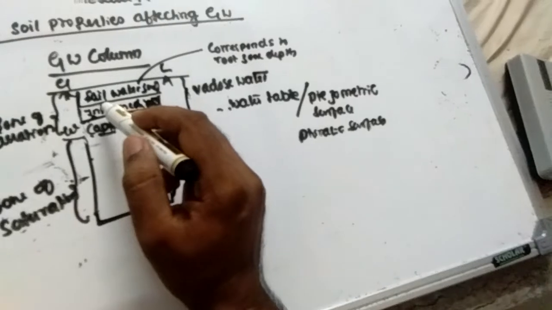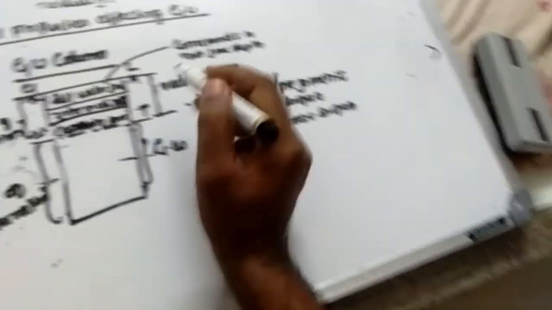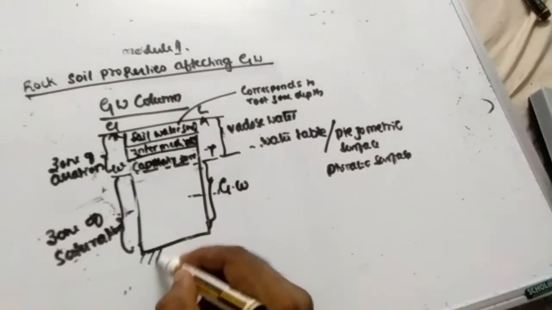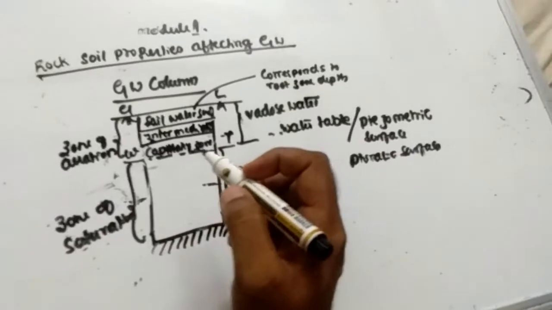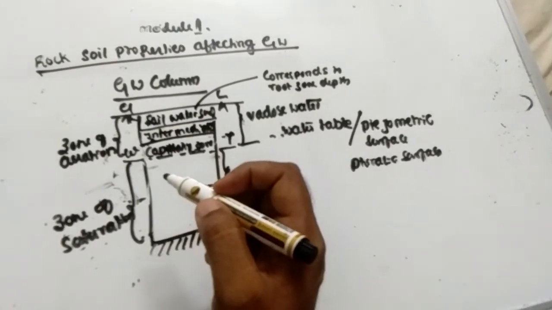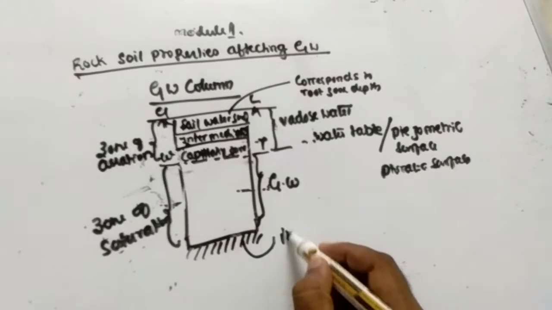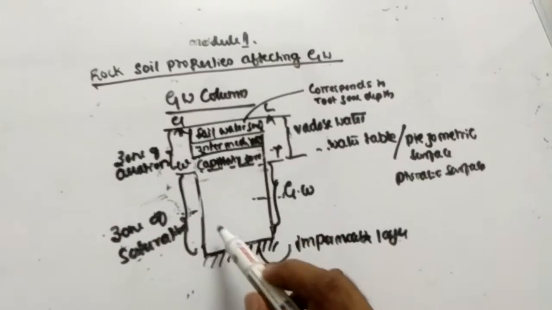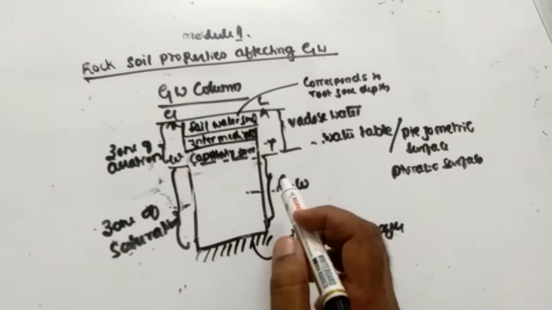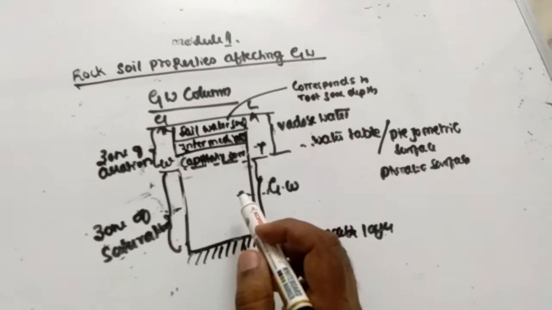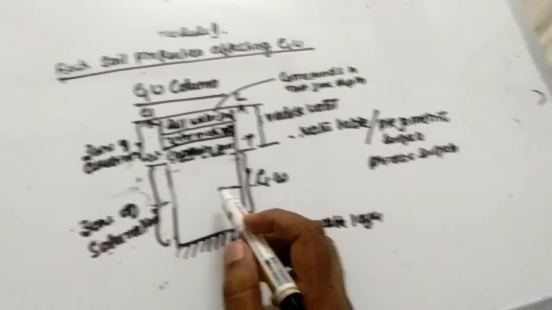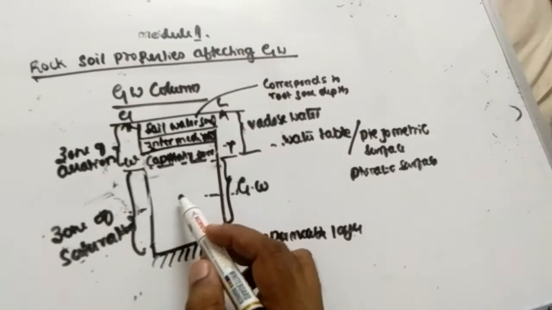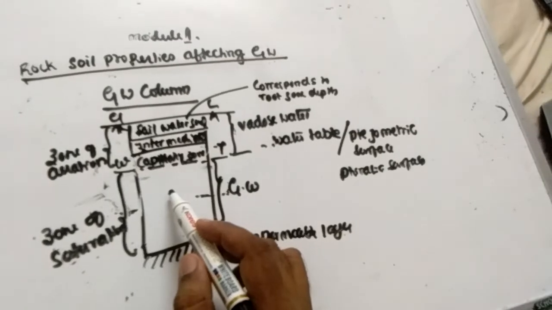And here is the zone of saturation. At the bottom of this zone of saturation we have an impermeable layer, and the zone of saturation may contain a few impermeable or semi-permeable layers within it, so it may contain one or more aquifers.